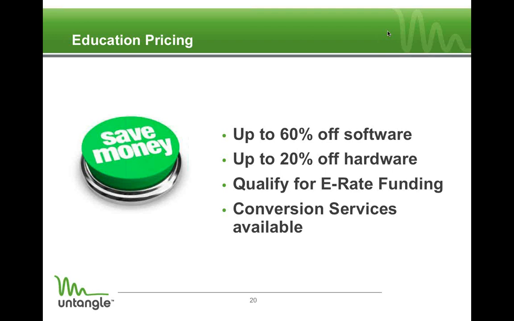We also have found many of our customers take advantage of the E-rate funding, and we find that our products qualify pretty readily for that year to year. We also have conversion services available, so if you are running one of those legacy web filters and you need help getting onto an Untangle solution, we have some very aggressively priced professional services offerings that can help you get up and running quickly without a lot of headaches.